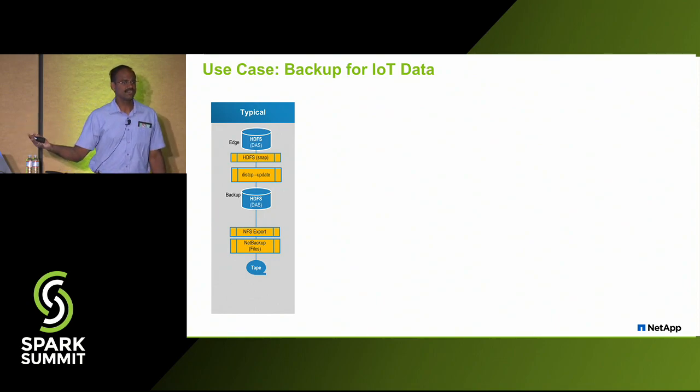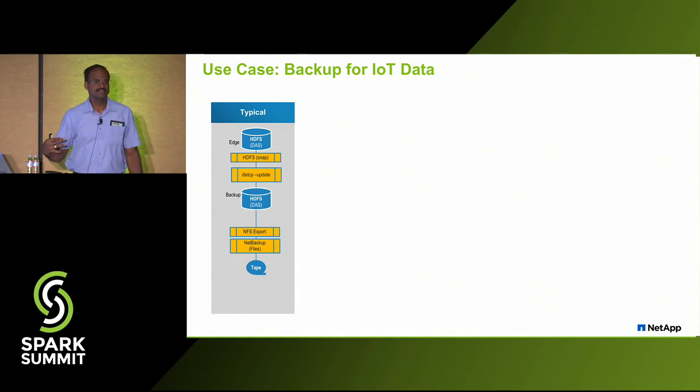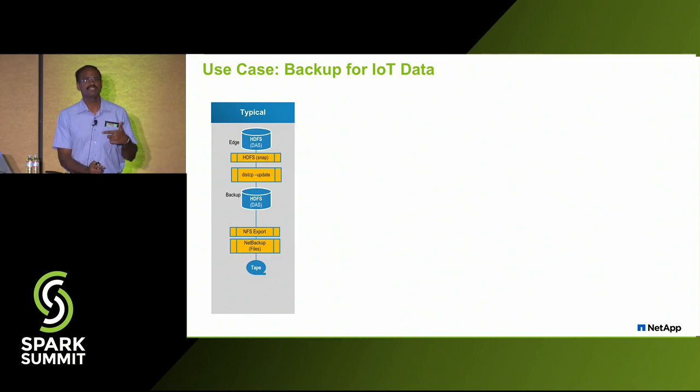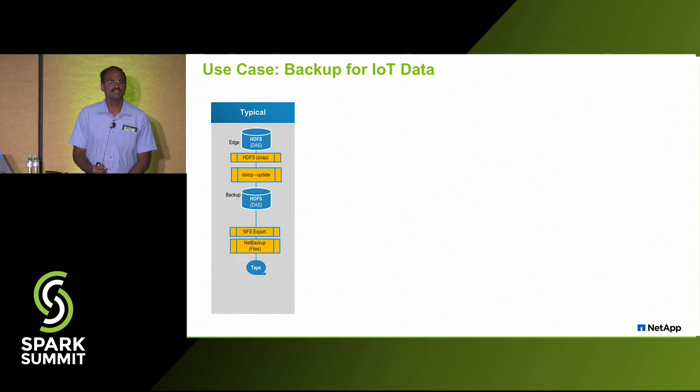With snapshot technology, we can copy only the differences to the backup HDFS node. Once they copy it into the backup HDFS node, they use the HDFS NFS gateway, through which they take the data out to the HDFS tape library.